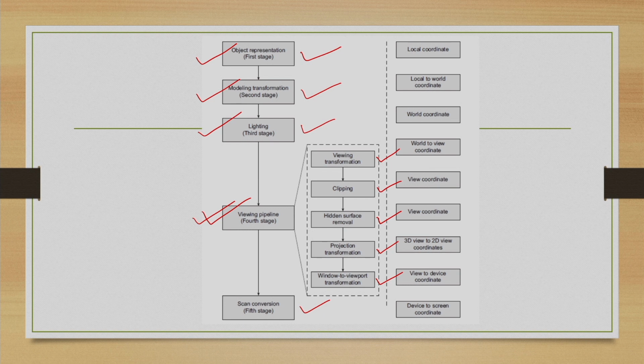Among them we have already discussed in the previous lectures the viewing transformation, the projection transformation, and the window to viewport transformation. Two more operations in the fourth stage are remaining, namely clipping and hidden surface removal. So, these operations we are going to discuss in today's and subsequent lectures.